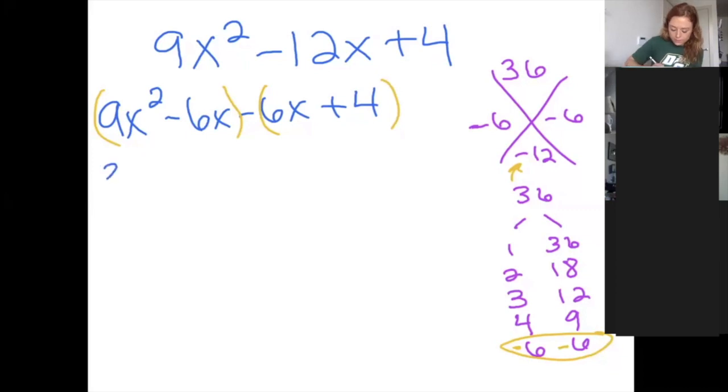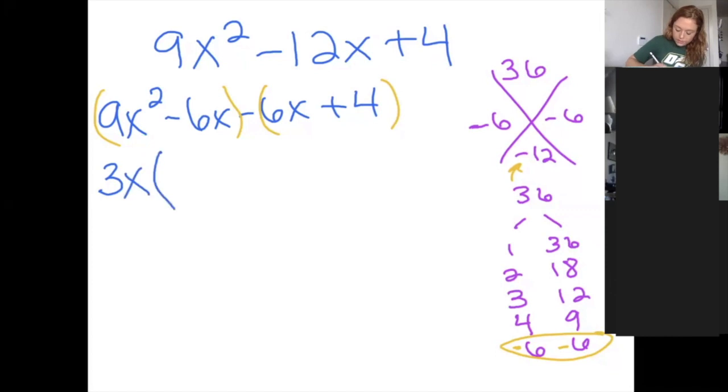And how many x's can I take out? The smallest number that they share. 1. This one has 2, this one only has 1, so I can only take out 1.